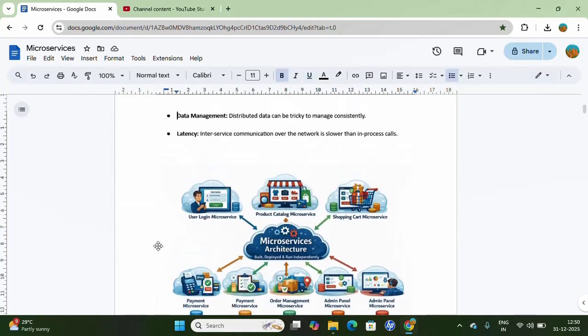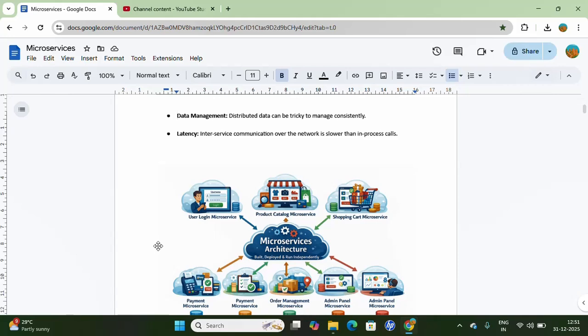Data management is one more factor. Let's say, for example, we have around 9 services, right? In the 9 services we are going to have some common data. That common, distributed data can be tricky to manage consistently. Why?